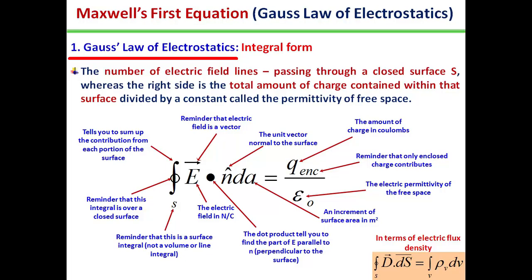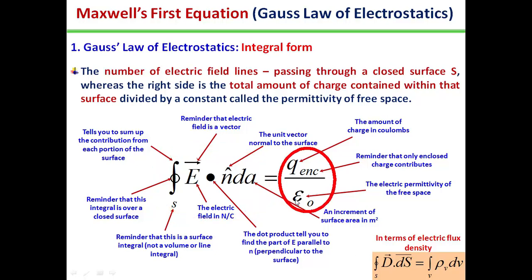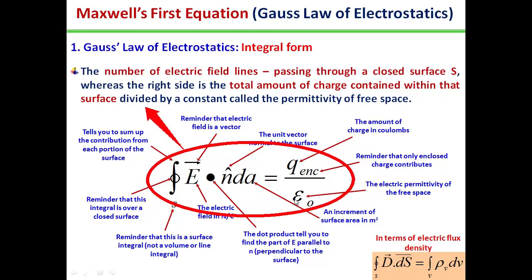So Maxwell's first equation is basically the Gauss law of electrostatics. In the integral form, it is written here as closed surface integral E dot n cap dA is equal to Q enclosed by epsilon naught, where the left hand side of this equation is no more than a mathematical description of the electric flux.